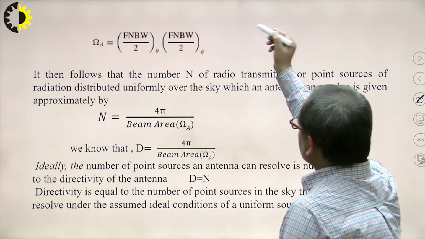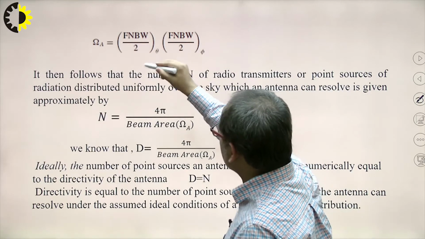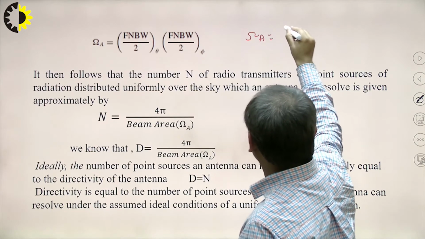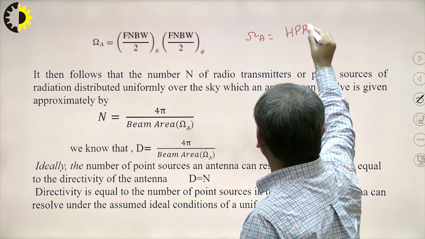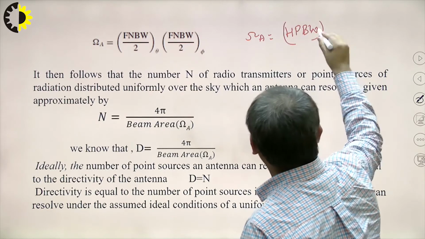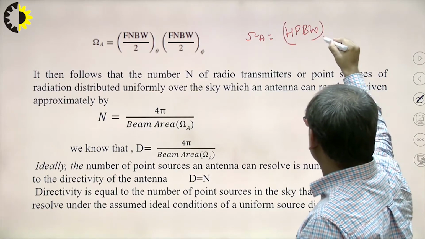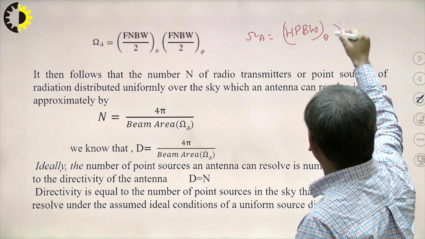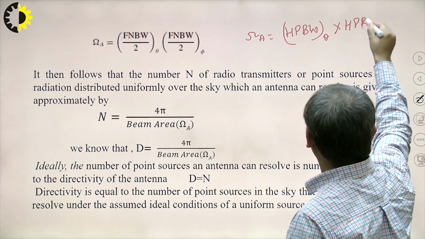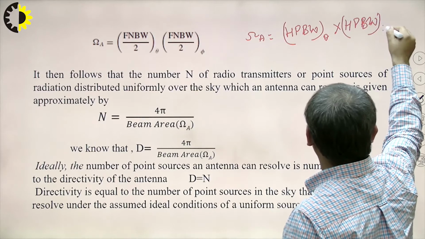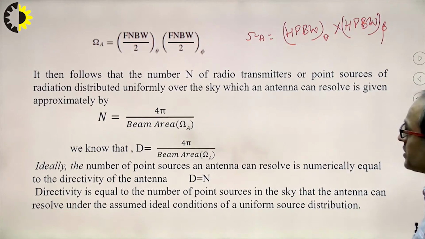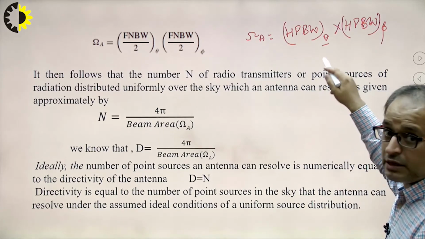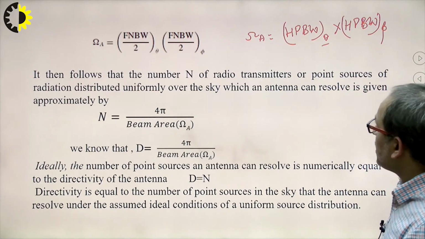So as we know, the beam area is the half power beam width in one principal plane, the theta plane, multiplied by the half power beam width in the other principal plane.